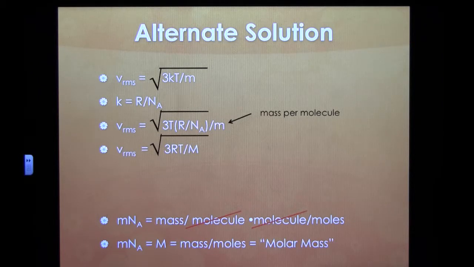So because we have m times N_A, the product of these two values in the denominator, we can replace them with capital M, the molar mass. And so we get the root mean squared speed equation to be the square root of 3RT over capital M, where in this case the capital M is the mass per mole, or the molar mass.